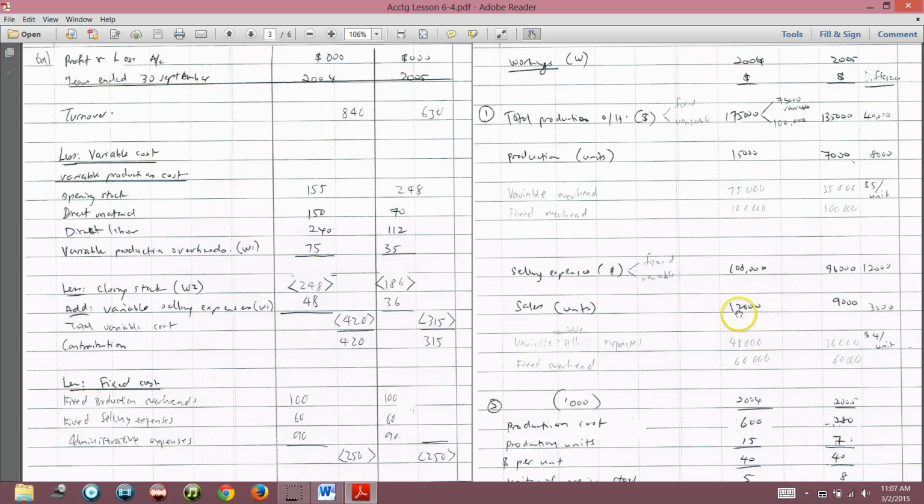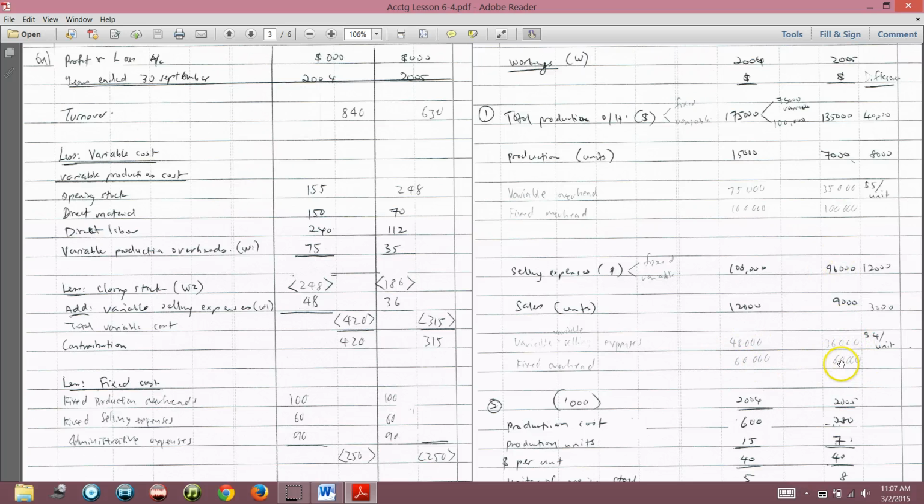And selling expenses vary directly with the number of units sold. Number of units sold is given. Using the same explanation, you take the difference, then divide by the unit difference, and you get $4. So 4 times 9, the variable one will be 36,000. Then 96 minus 36, so 60,000 is the fixed selling expenses.